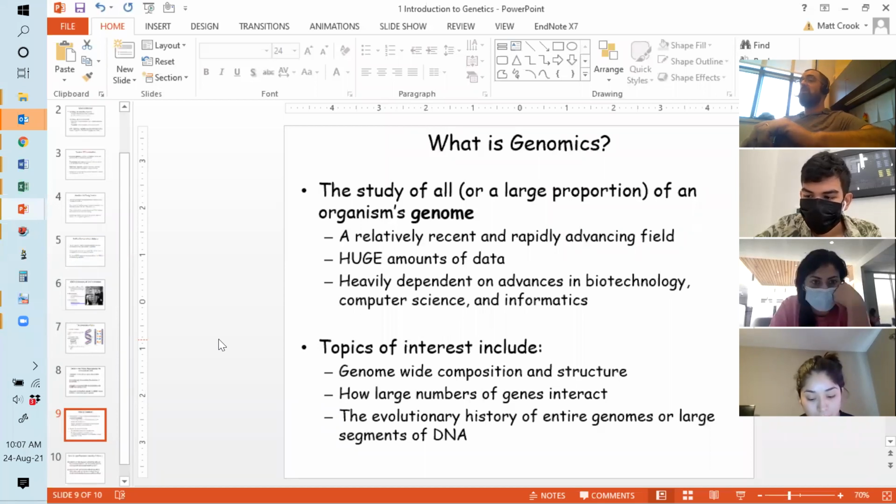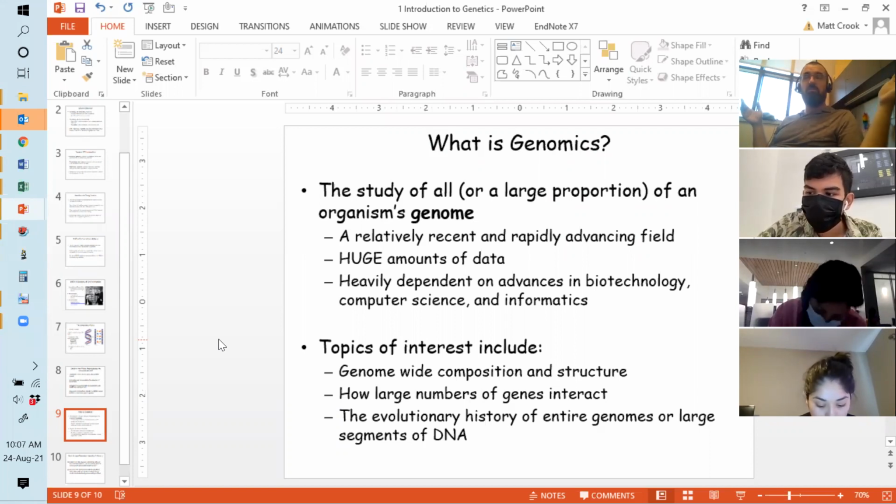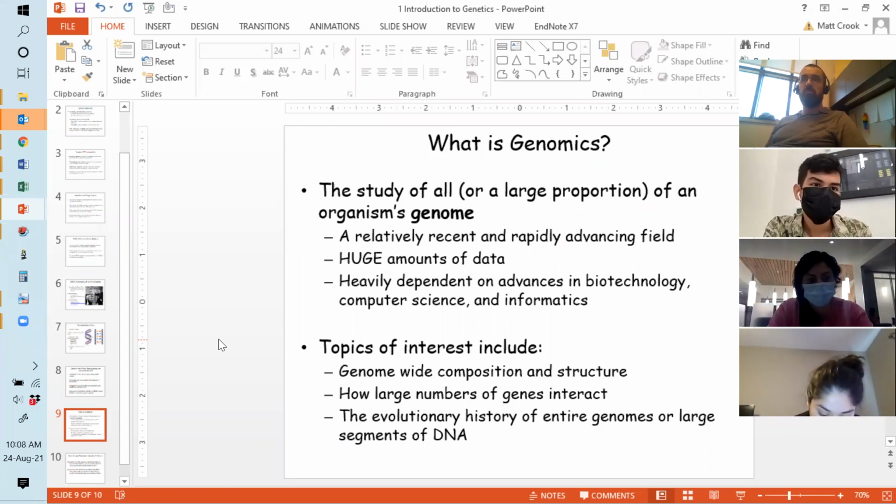But it's really worth introducing the fact that genes do not act in isolation, right? Or proteins don't act in isolation. And there's a lot more to you as an individual than just your protein coding sequences, the genes that produce proteins. There's a lot of other information which we don't actually fully understand.